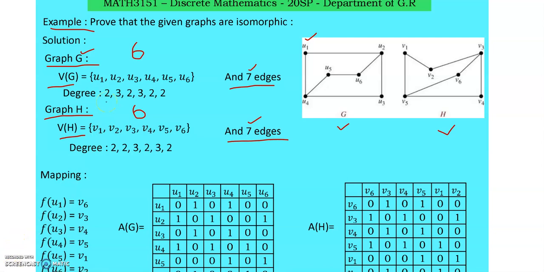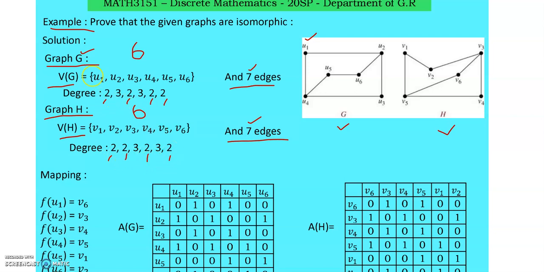Now we have to check the matching of the degrees of each vertex. For example, I am talking about graph G. With 2 degrees, how many vertices here? Now you see 1, 2, 3, 4. You check in graph H now. 1, 2, 3, 4.